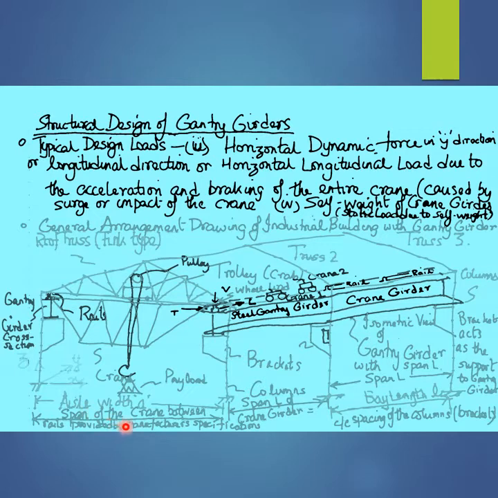dimensions of the crane. Note that the span of the crane, that is more or less equal to the aisle width of the industrial building, is different from the span of the crane girder or the gantry girder that supports the rails on which the overhead electric crane moves.